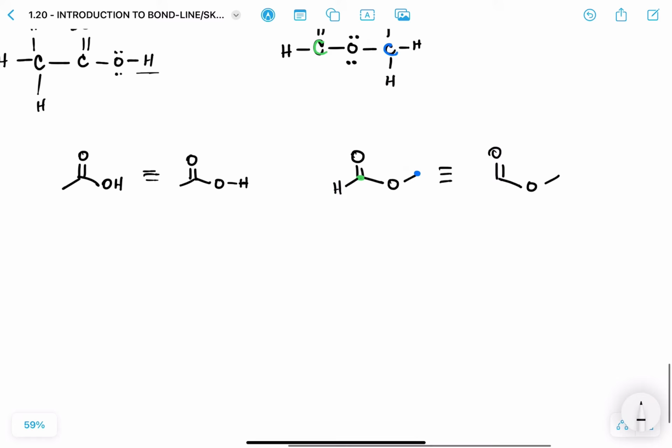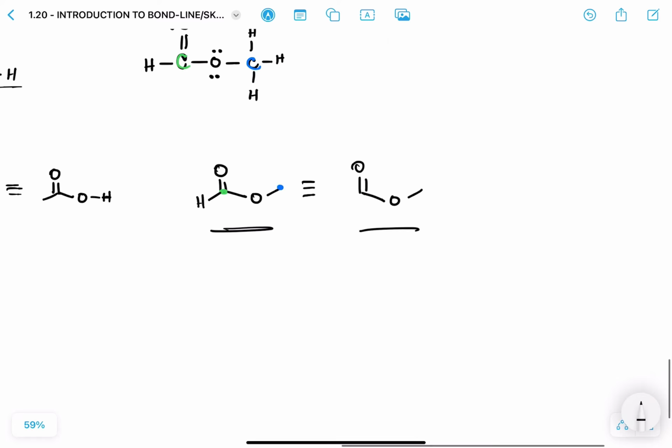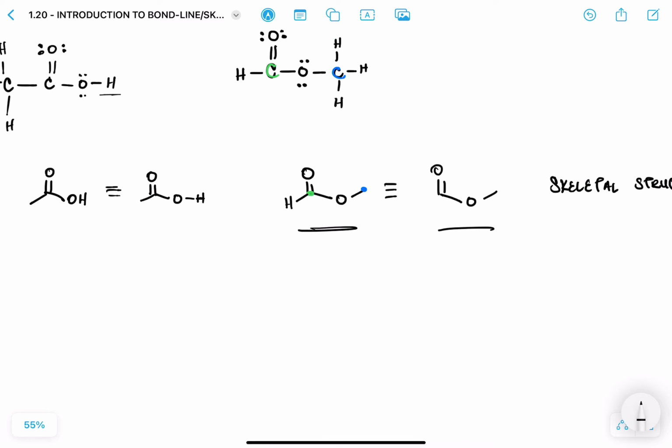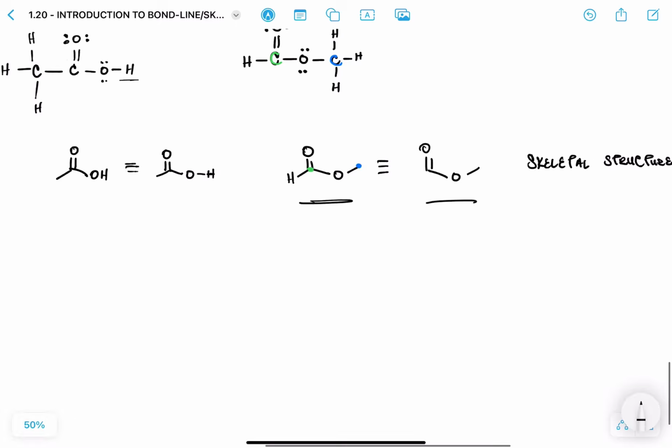And so either structure would both be considered correct skeletal. Notice there are no lone pairs on the oxygens, and that's fine as well. A lot of professors will ask you to draw them in, so you have to be cognizant of the questions themselves, right? And so we have 2 great examples here.